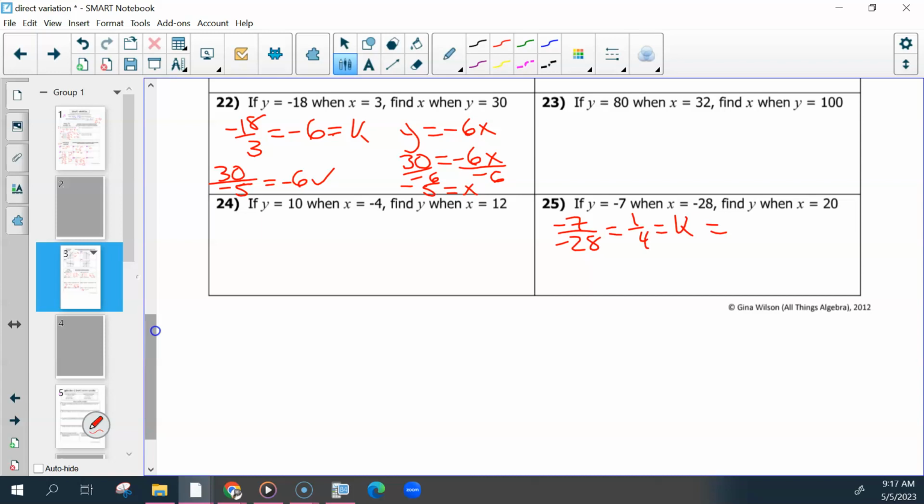So then our equation would be y equals 1 over 4x. Now we need to find y, and we have our x, so put in 20. Figure out what y is. What would our y value be? 5.